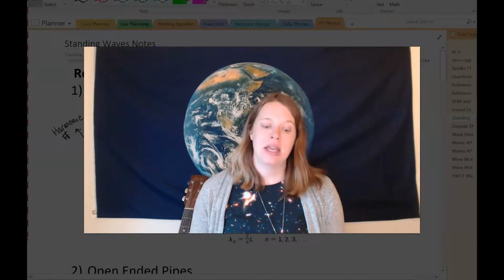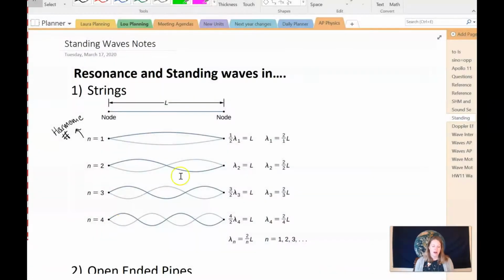So instead of there being an infinite number of waves that cause the string to resonate, there are just a few specific waves that cause the string to resonate. And actually, when my dog was in here making noise like he likes to do, the guitar was resonating with one of the pitches that my dog was making noise at.